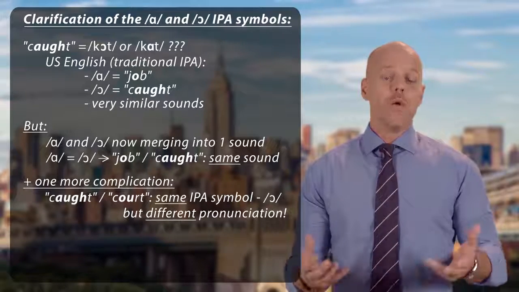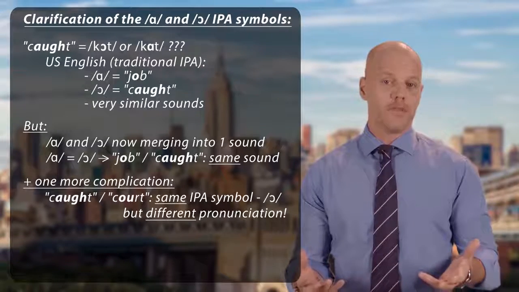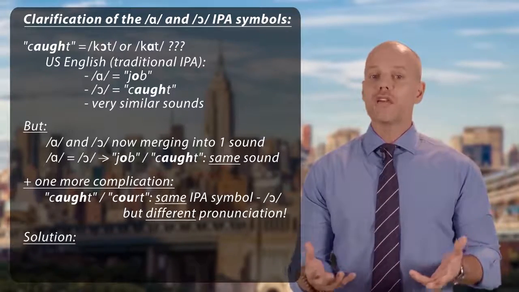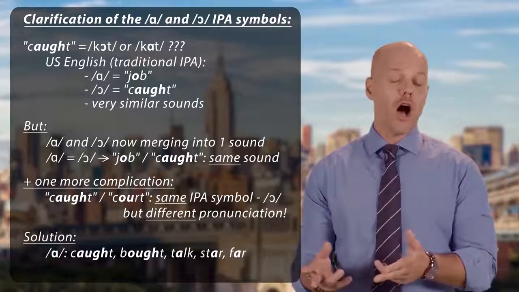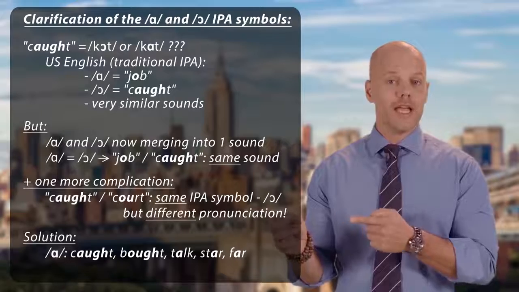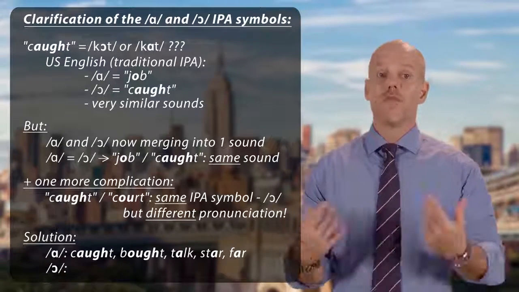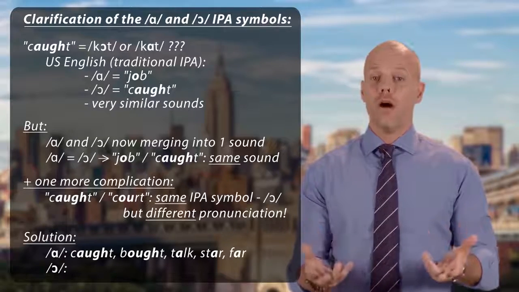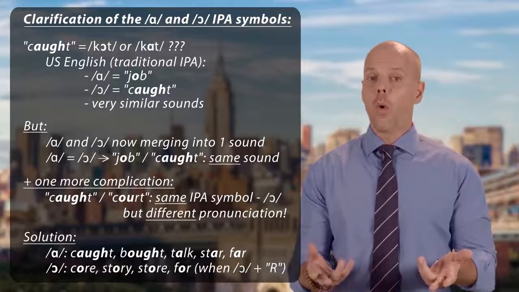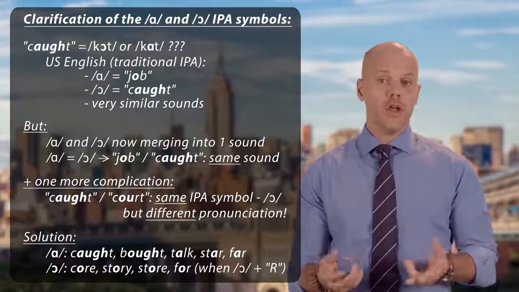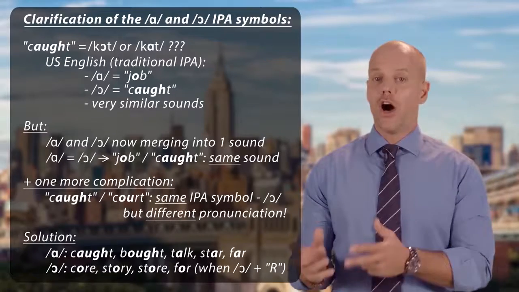Therefore, in order to make things simpler and more practical for Vietnamese people, at Sonus, we transcribe words such as caught, bought, and talk with this symbol. And we reserve this symbol for those cases where the O comes before an R, such as in core or story, so where the O sound is clearly different from the O sound.